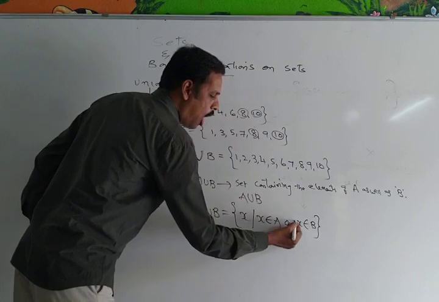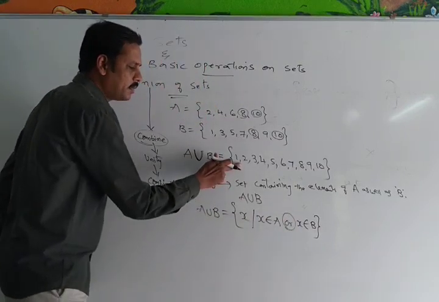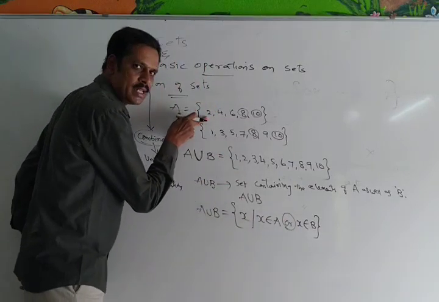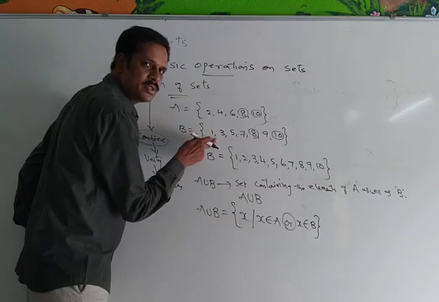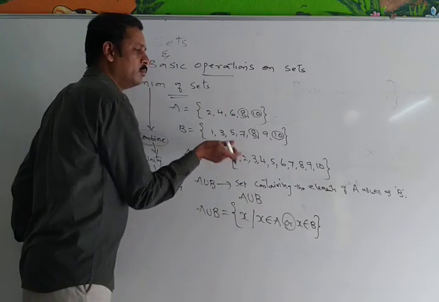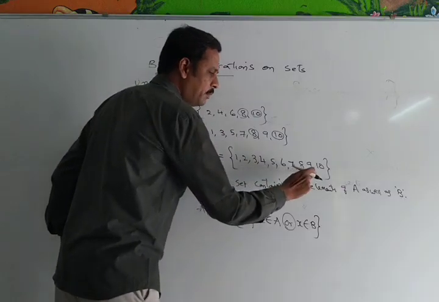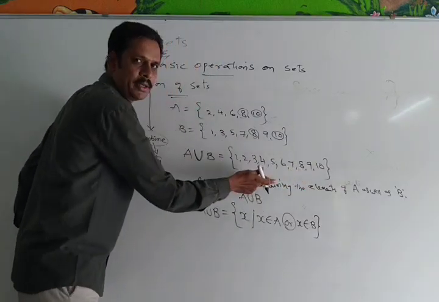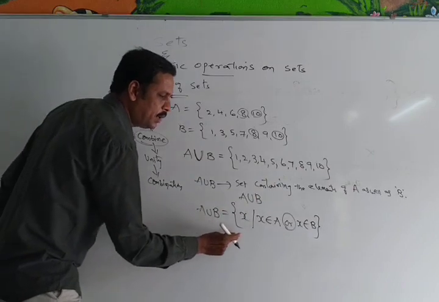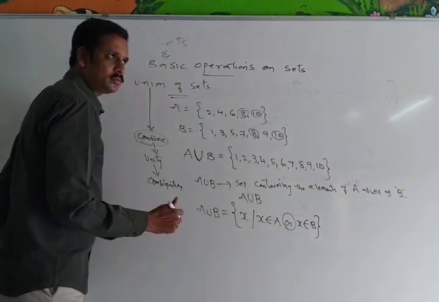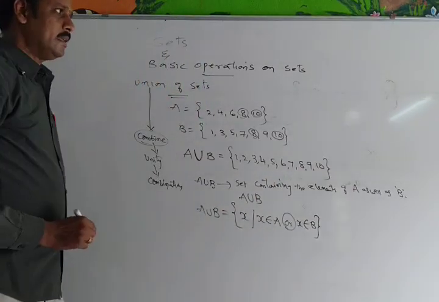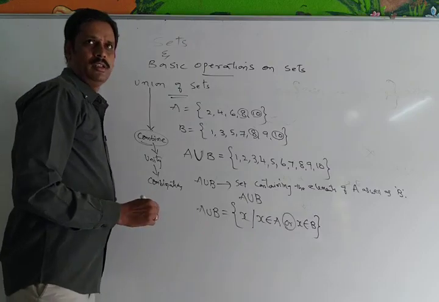Now here 'or' denotes the elements may belong to set A, or elements may belong to set B, or the elements may belong to both A and B. But while writing A union B, the elements cannot be repeated. So this is the set builder form of A union B. Then what is the Venn diagram for A union B?